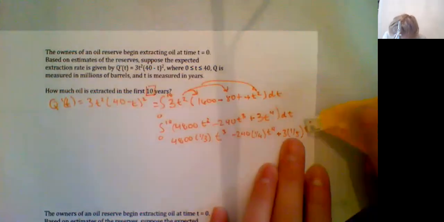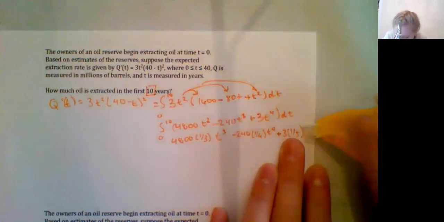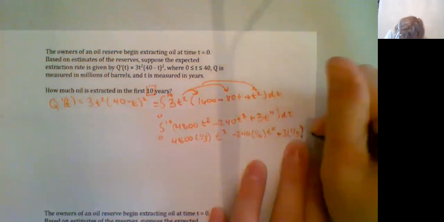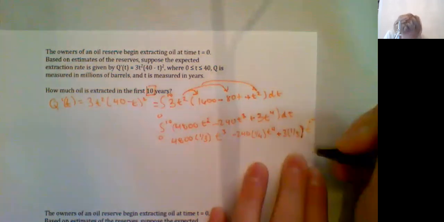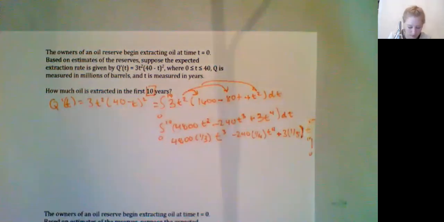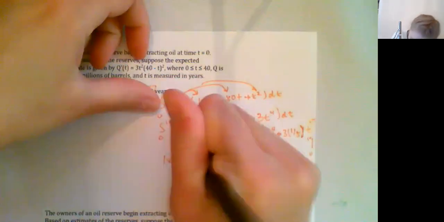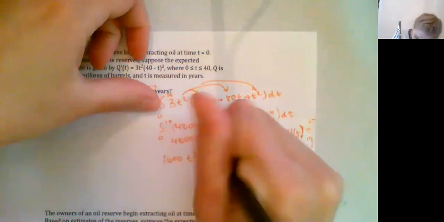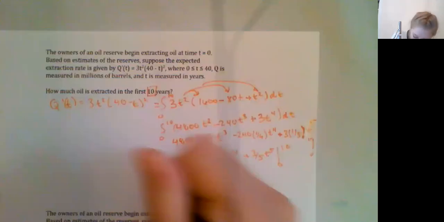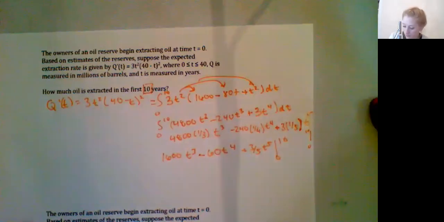We're evaluating that between 0 and 10. Let me clean this up a little bit. We're going to get 1,600 t cubed minus 60 t to the fourth plus 3/5 t to the fifth, and we're evaluating that at 10 and 0. So let's sub in. Let me write this on the side over here.